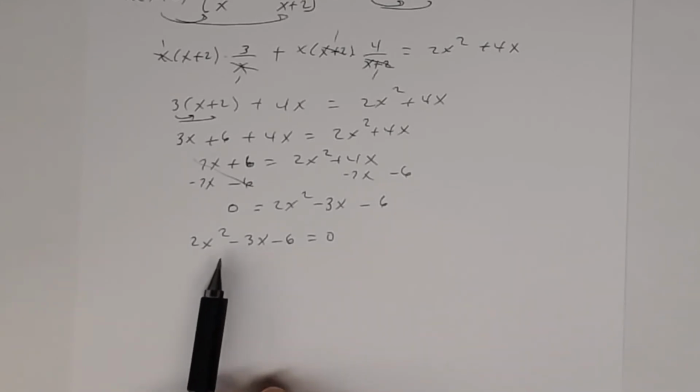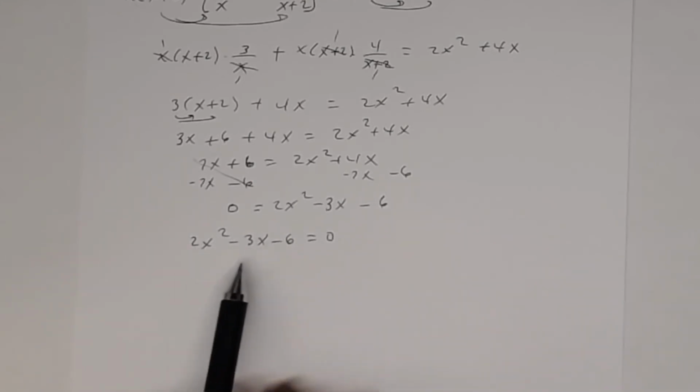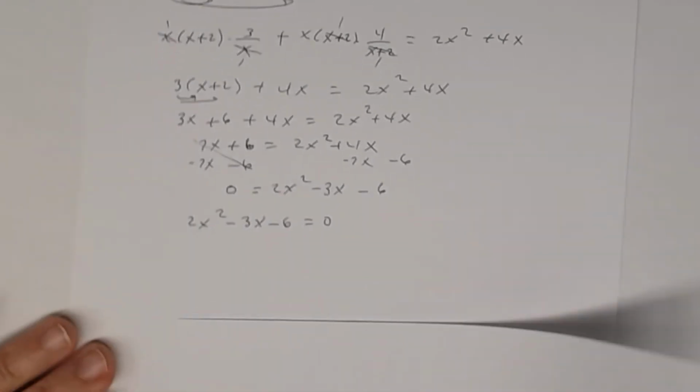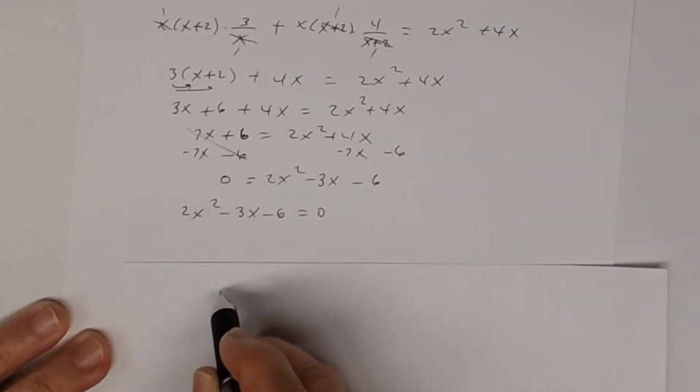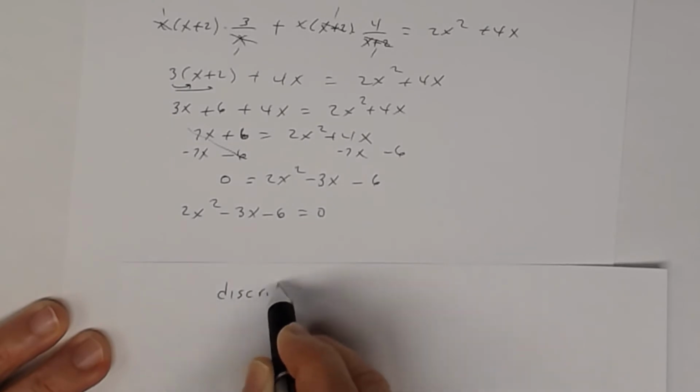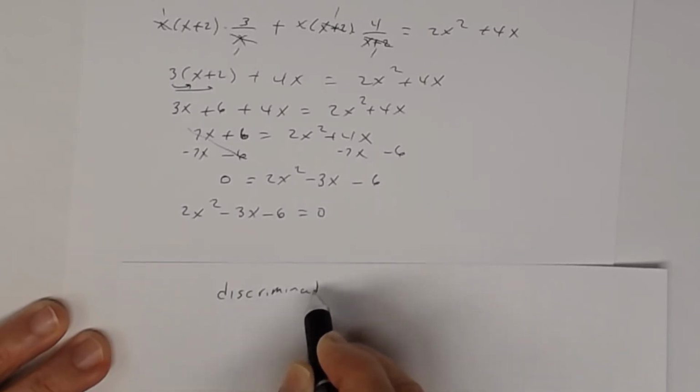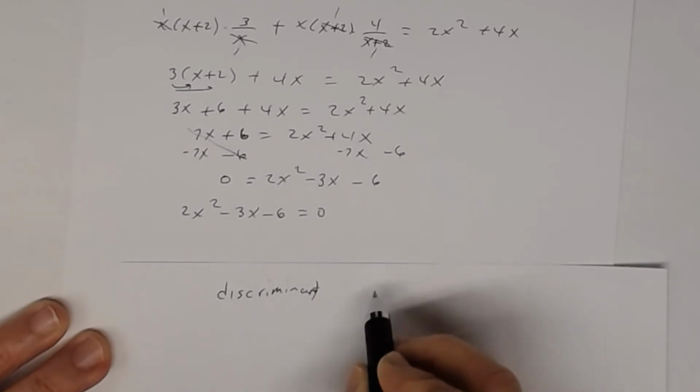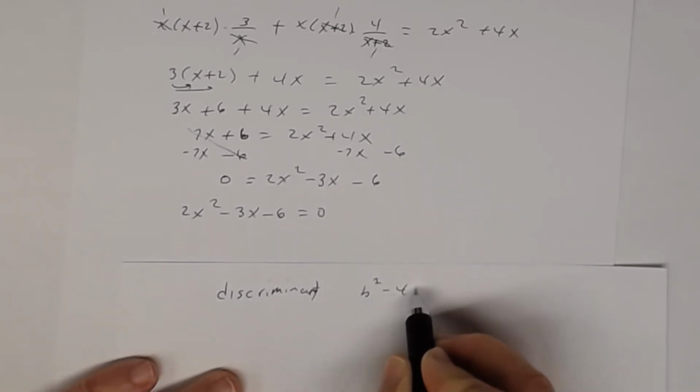So a quadratic expression will be factorable if, when you look at the discriminant, so remember the discriminant is b squared minus 4ac.